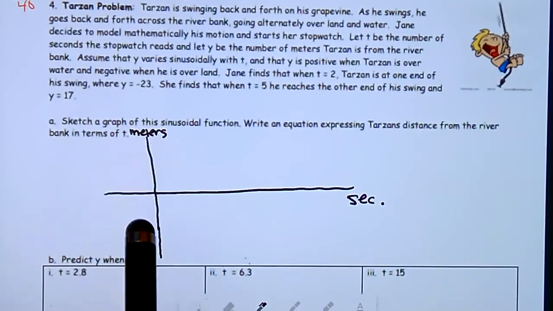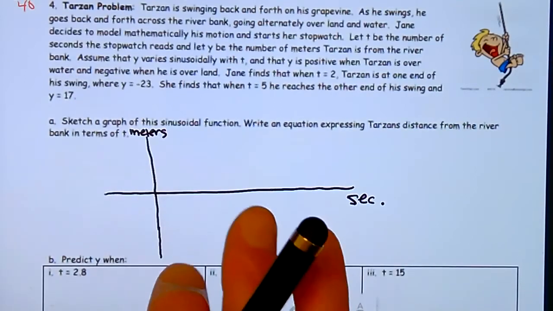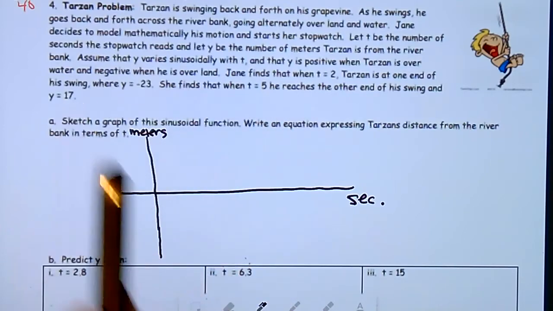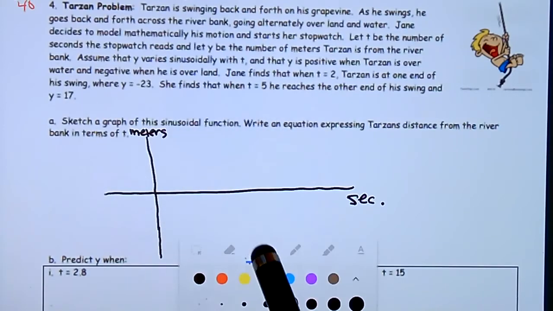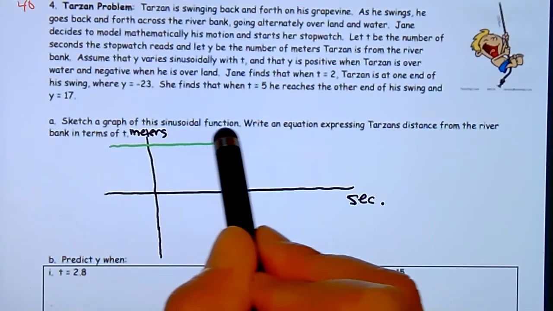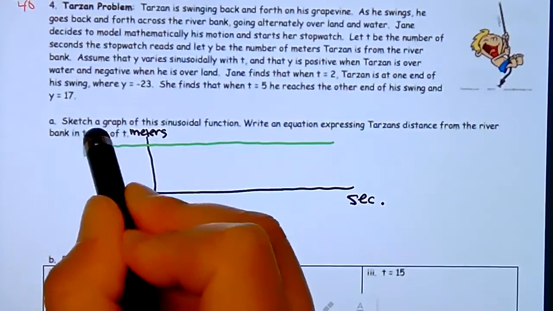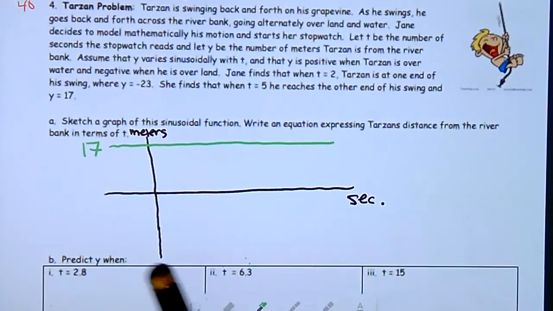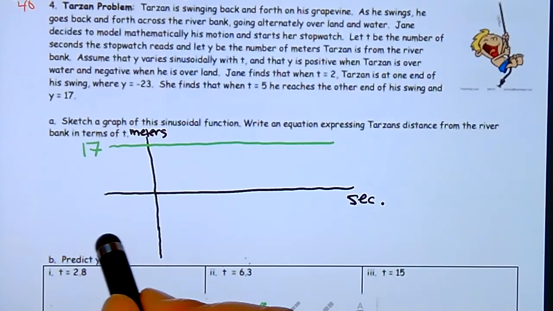Okay, so here's meters, here's seconds. I know that the highest value is going to be 17. So we're going to have 17. And the lowest value is going to be negative 23. So I'm going to go down to negative 23.